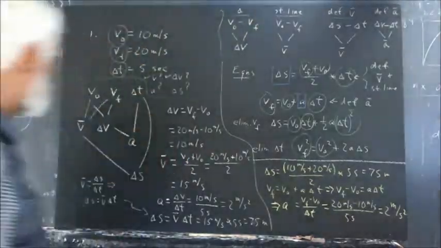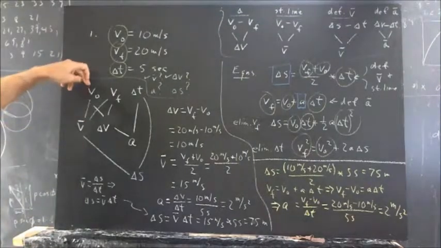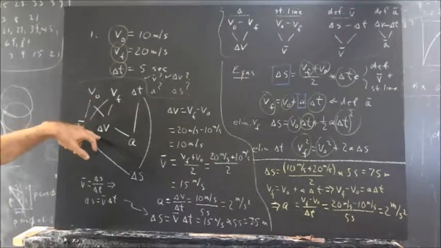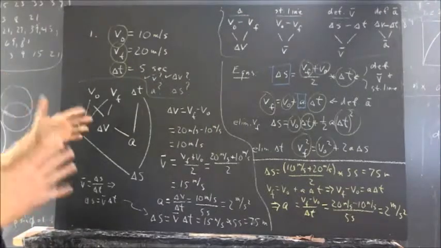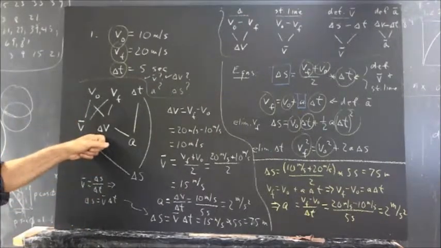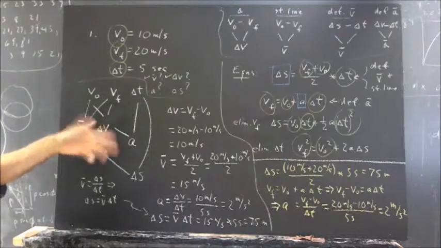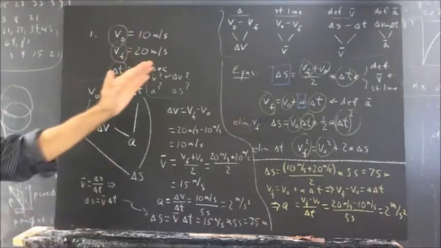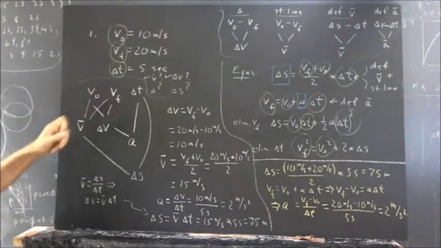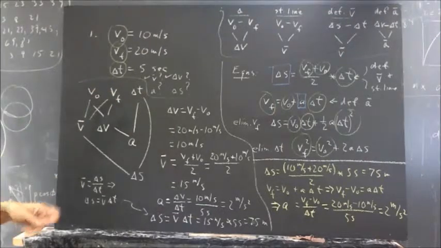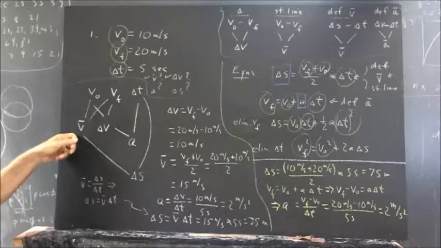This triangle up here, okay? So V naught, VF gives us delta V. That's very obvious. And also, assuming uniform acceleration, so we have the straight line V versus T graph, we can average the two to get the average velocity. So these are very easy to obtain.